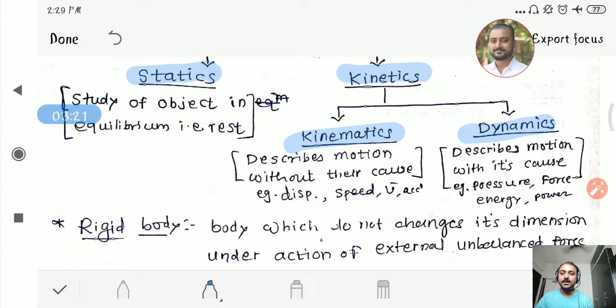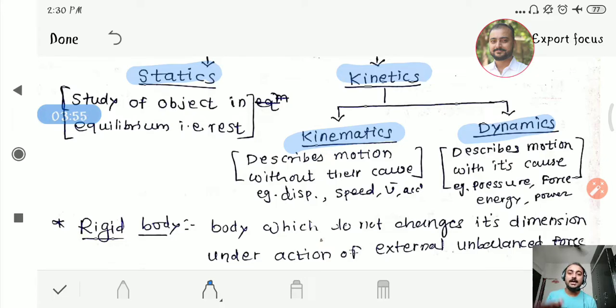In short, kinematics is the branch of physics or mechanics which deals with the motion of the object without its cause. We are not interested in why that object gets accelerated, why it gets stopped or decelerated, why its velocity is constant, whatever it may be. We are not studying the reasons behind them.